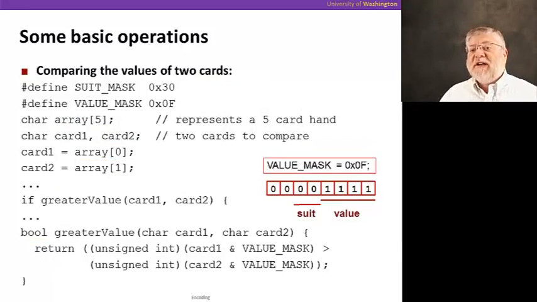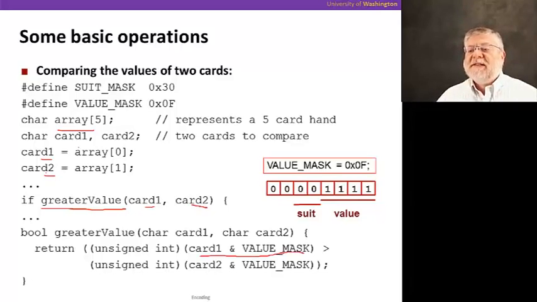All right, let's take a look now at comparing the values of 2 cards. Again, we have our array of 5 cards, our hand, and we compare 2 cards, card 1 and card 2. So which has the greater value? Is card 1 a greater value than card 2? You'll notice here what we're going to do is apply a different mask to the card. This mask is value 0F, the value mask.